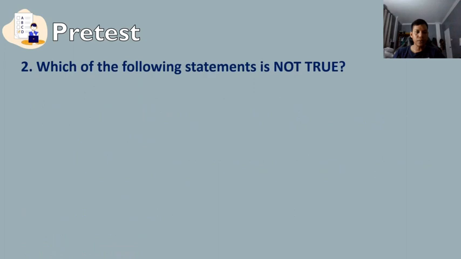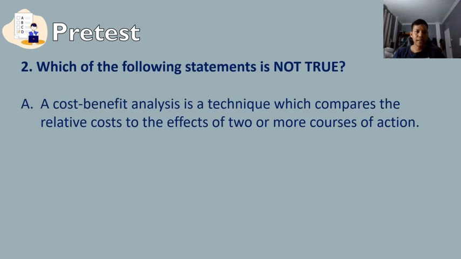Question number 2, which of the following statements is not true? A, a cost-benefit analysis is a technique which compares the relative cost to the effects of 2 or more courses of action.